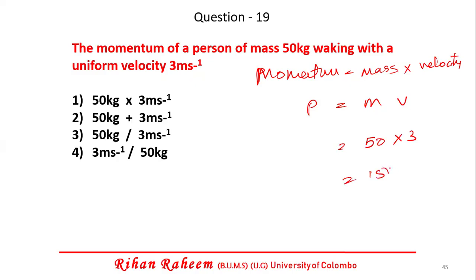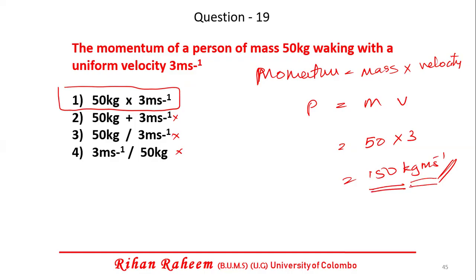So 150 kg ms^-1 is the answer. But here they have just given the format of the answer again in the substitution. First one is correct, 50 into 3 ms^-1. Here addition is wrong, division is wrong, 3 divided by 5 is wrong. So if you are getting the answer, you will get 150. Unit will be kg ms^-1. Hope you all are clear about it.